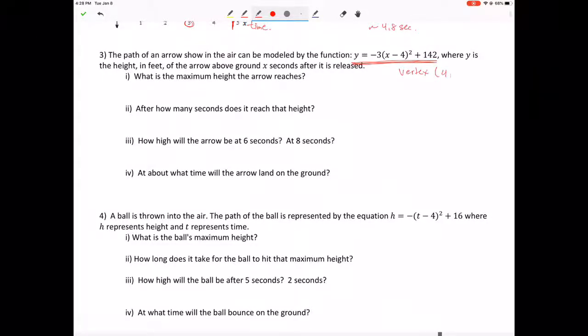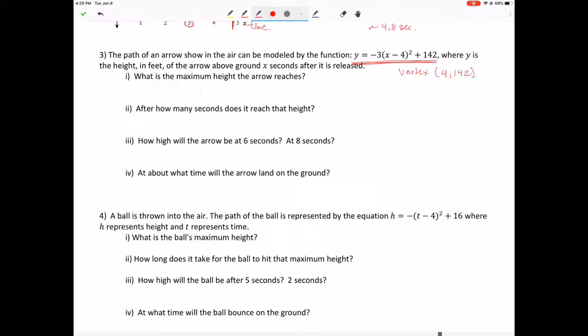which is (4, 142). Okay, so it says what is the maximum height the arrow reaches. Okay, and as we talked about on our first page, the y of our vertex will always be the maximum height.